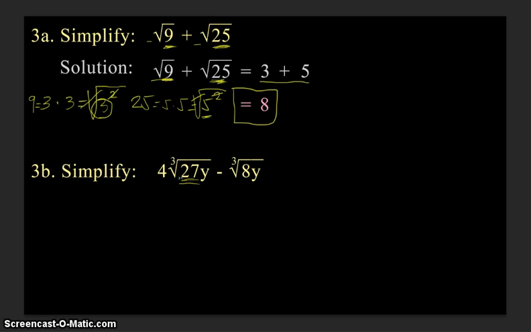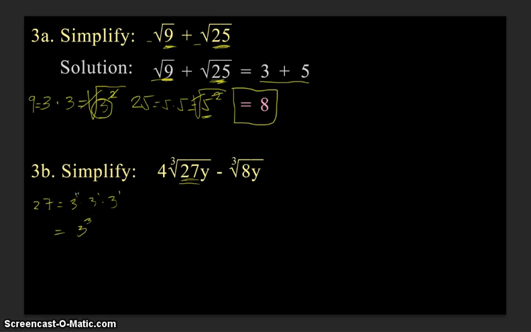So, 27 is a perfect cube root. 27 is equal to 3 times 3 times 3, and that is cube root of 3 raised to the third power.